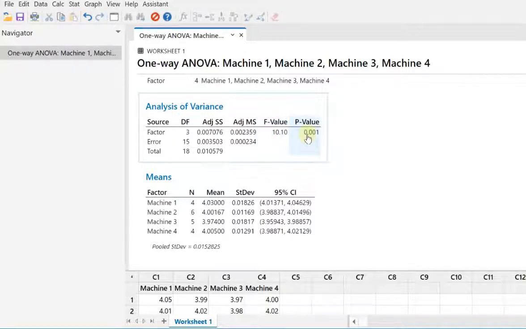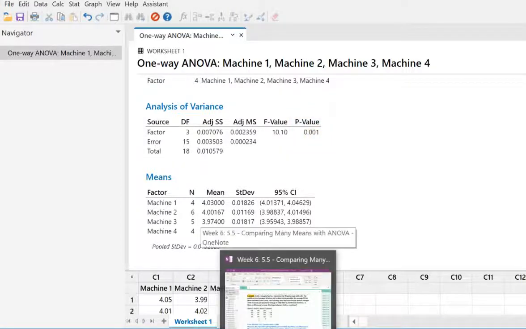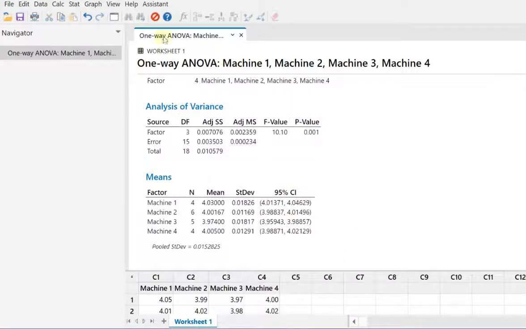That's our p-value. And that number is small, so we're going to reject the null hypothesis. That's where in my note, if I go back, that's what I had right below the machines. My conclusion was based on that.